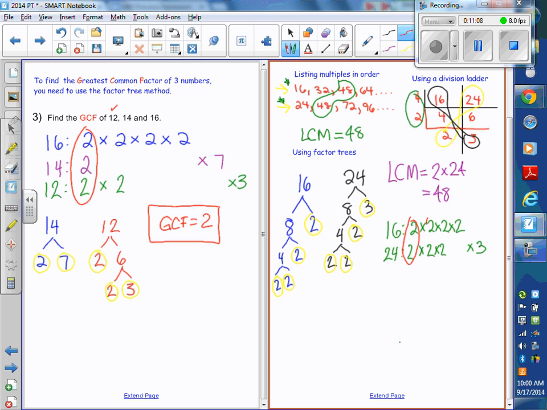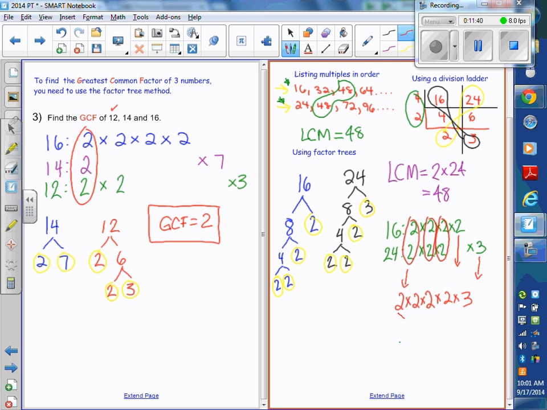You circle all the common ones and take those numbers, 2 times 2 times 2. And then you take the numbers that weren't circled and bring them in. That should be a 3. And make that factor string, multiply it out, and you should get the least common multiple.